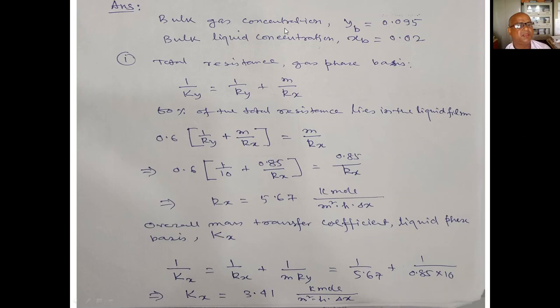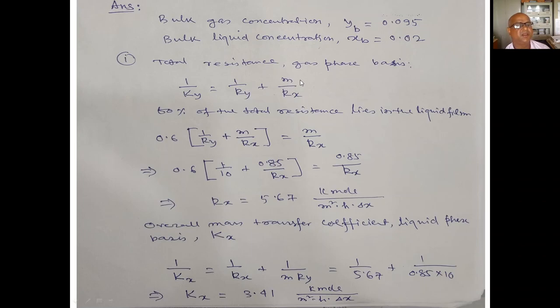So bulk concentration in the gas phase Y_B equal to 9.5% equal to 0.095, liquid concentration X_B equal to 0.02. The total resistance on gas phase basis, 1 by capital K_y, equal to 1 by small k_y plus m by k_x.